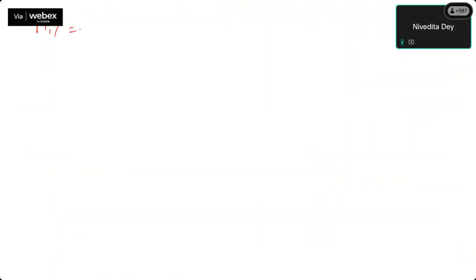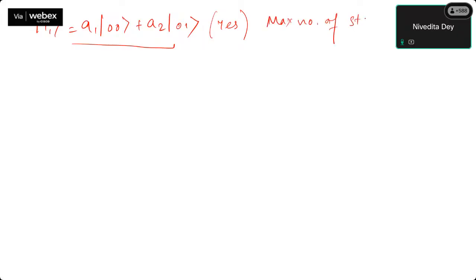If your psi 1 has, say, A1 |00> plus A2 |01>, let me consider, can we create this state? Yes, we can create this state. Why? Because what I have said is the maximum number of states that can be created is 4, which is 2 to the power 2, where 2 is the number of qubits.